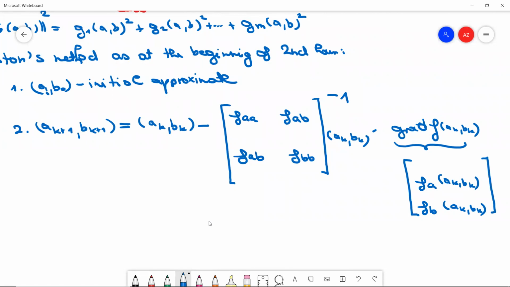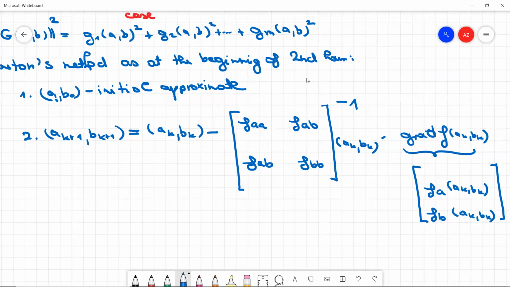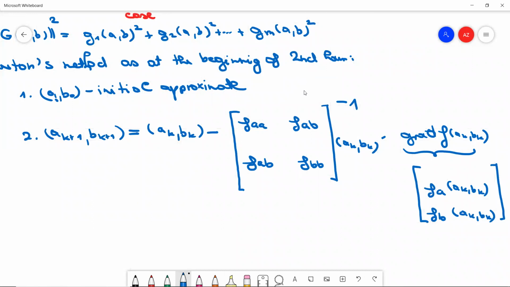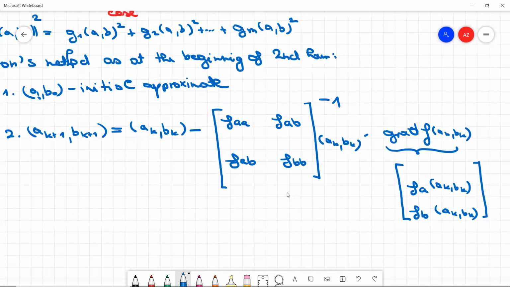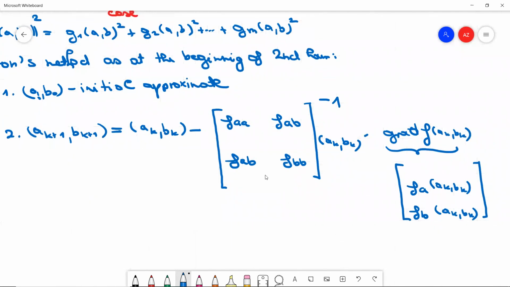So you see, this is another way of trying to minimize the norm of G. Minimizing the norm of G transforms the problem into a Newton's optimization problem, and then we don't need the Gauss-Newton method, but a usual Newton method. However, even in our example with 4 points, this would require a lot of computations, because we would have here a sum of squares of those G1, G2, Gm.